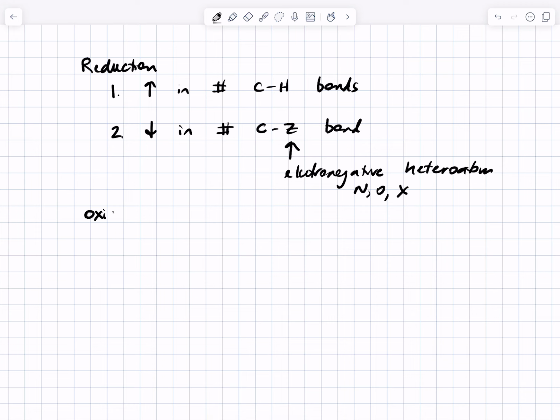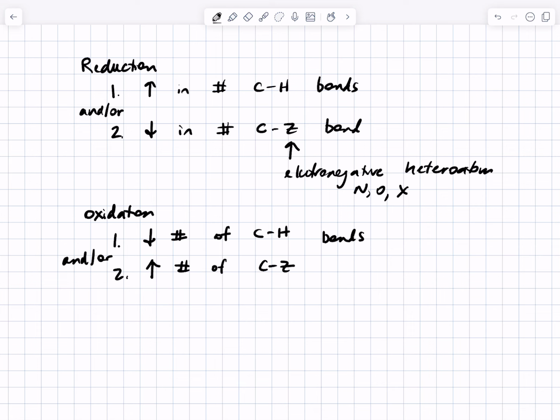The opposite of reduction is oxidation. And so oxidation will involve a decrease in the number of carbon-hydrogen bonds. Oxidation may also, and these are sort of and/or, either one of these is evidence for oxidation/reduction, involve an increase in the number of bonds between carbon and an electronegative heteroatom.